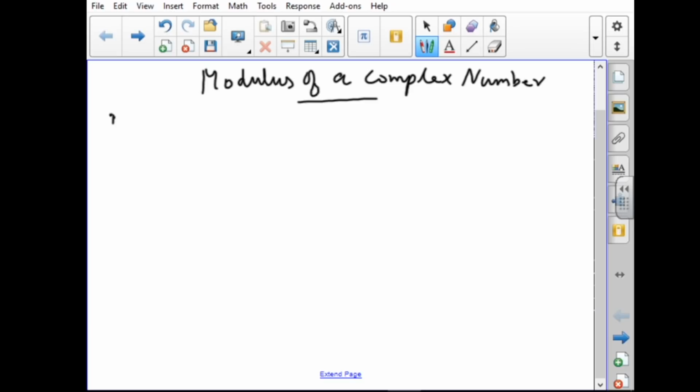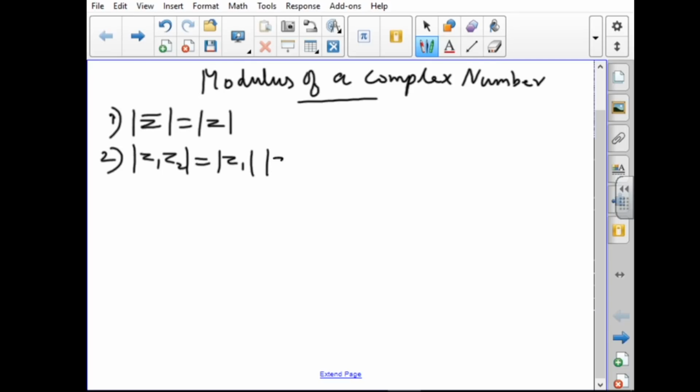The first one is modulus of z bar is equal to modulus of z. Modulus of z1 into z2 is equal to modulus of z1 into modulus of z2. Modulus of z1 by z2 is equal to modulus of z1 by modulus of z2.